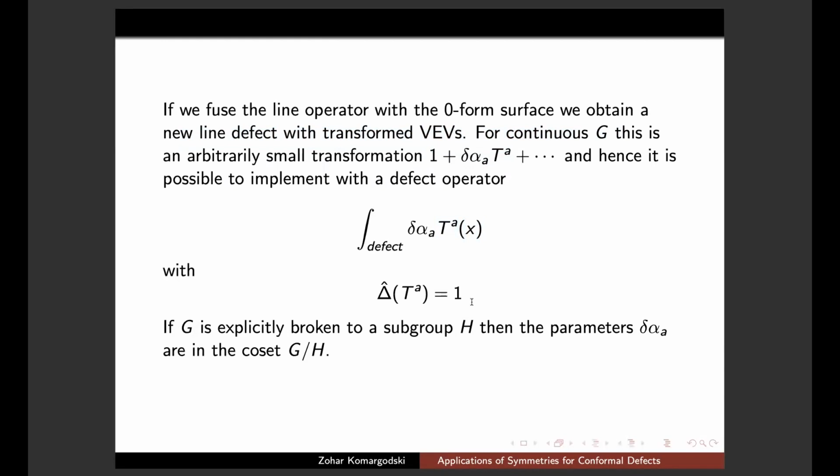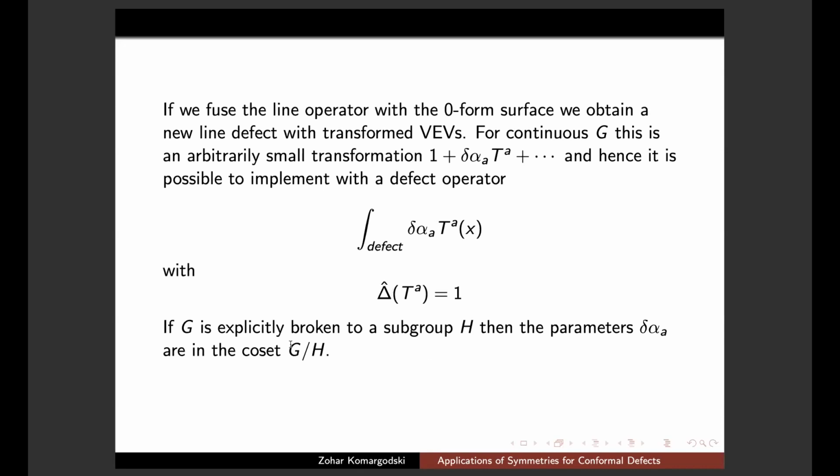So therefore, this leads to protected operators on the defect, which are sometimes called the tilt operators. I think that this name tilt was invented by Marco Meineri, if I'm not mistaken. But they appear in condensed matter under different names too.